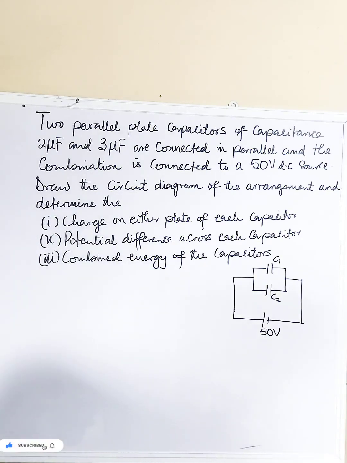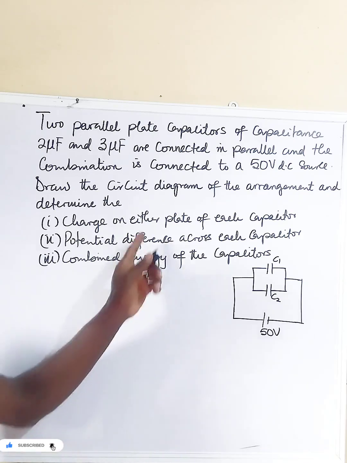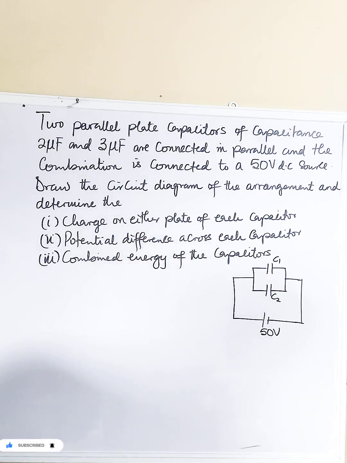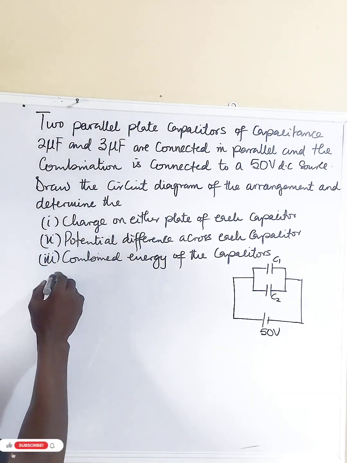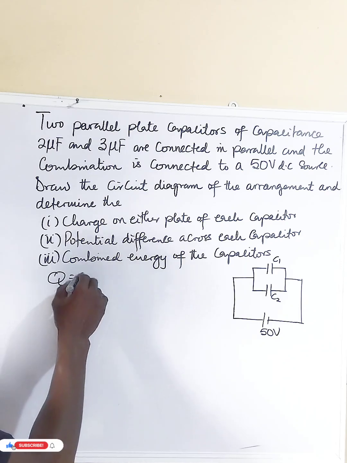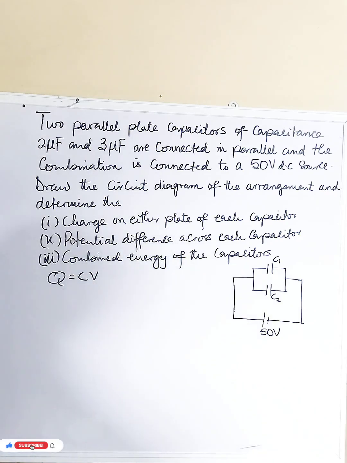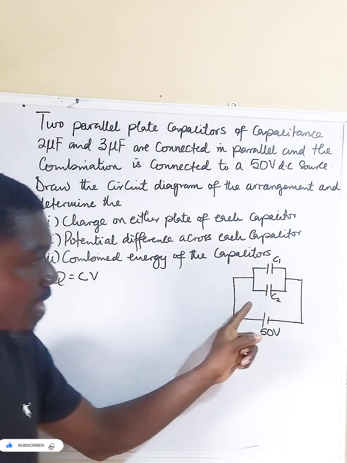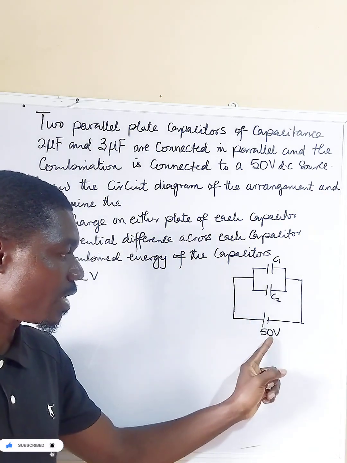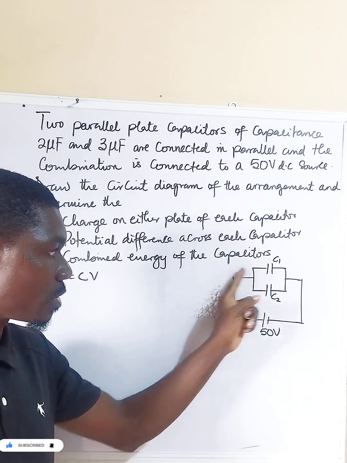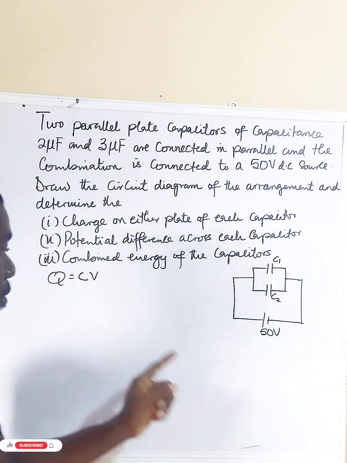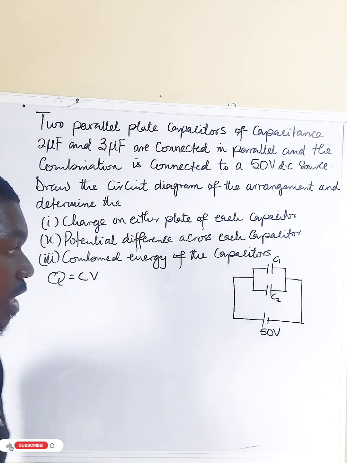Now the charge on either plate of each capacitor. Let us take note that the charge equals CV. Now for the fact that they are in parallel, the same voltage is across each, but we definitely have different charges.